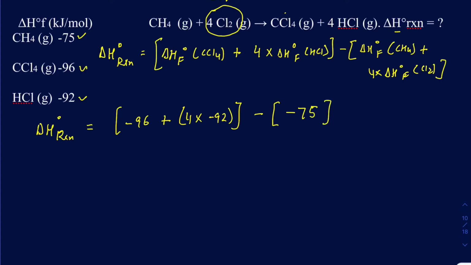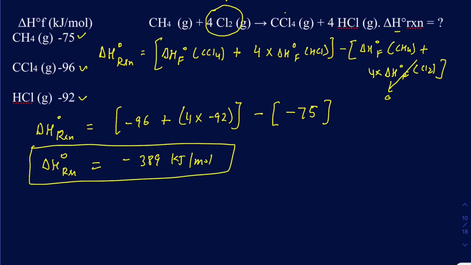Then from here it's just a matter of putting them in the calculator. This Cl2 is going to be 0, so keep that in mind. So let me go ahead and plug that in the calculator and let's see what that comes out to be. Okay, so when you do this math, this delta H of the reaction comes out to be negative 389 kilojoules per mole.